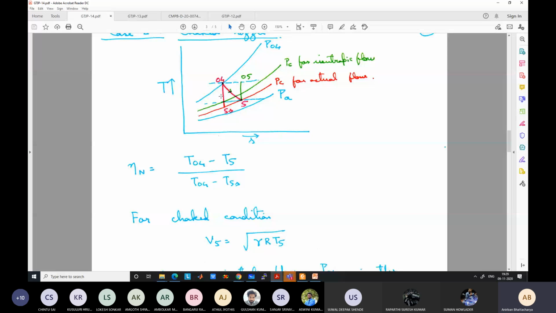So if we continue this, wherever this line intersects, we denote this point as 5S. This is a hypothetical point 5S. Based on this, we are going to define the nozzle efficiency. The nozzle efficiency is defined as T04 minus T5 by T04 minus T5S.